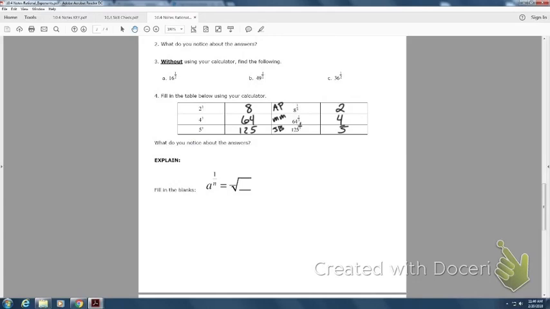and we'll go ahead and just write out the explanation here. Raising a number to the nth power is the opposite of raising a number to 1 over n.